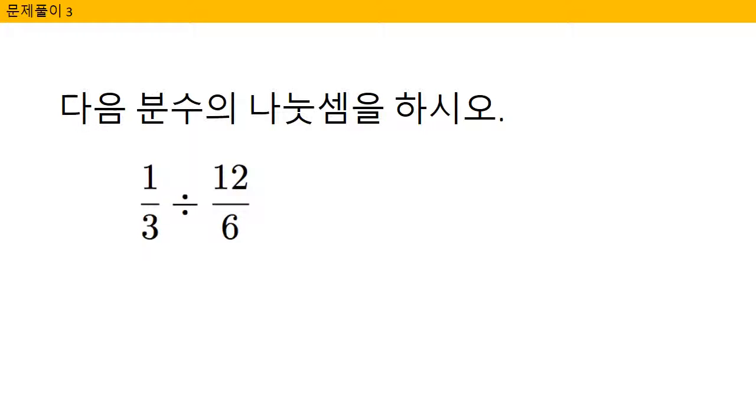So now we're going to have 1 over 3 times 6 over 12. We can cancel the 3 and divide 6 by 3. So we're going to reduce that to 1 over 1 times 2 over 12. 1 over 1 is just 1, so we reduce all of this to 2 over 12, and we can reduce it to its simplest form to get 1 over 6 as our final answer.